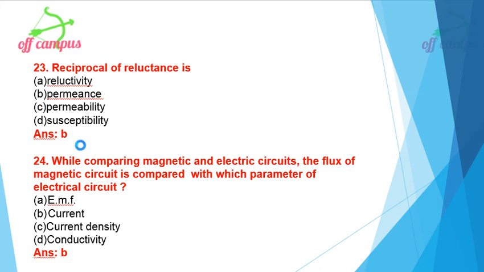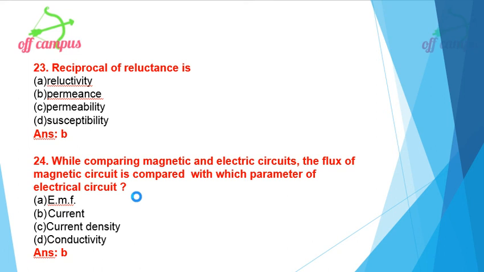Then question number 24. While comparing magnetic and electric circuits, the flux of a magnetic circuit is compared with which parameter of the electrical circuit?